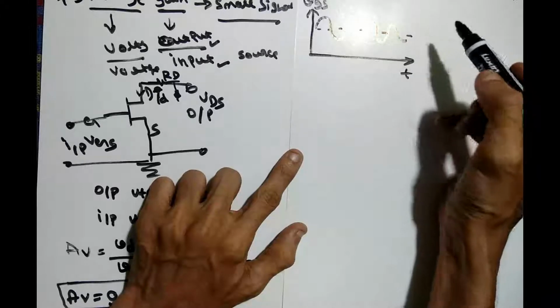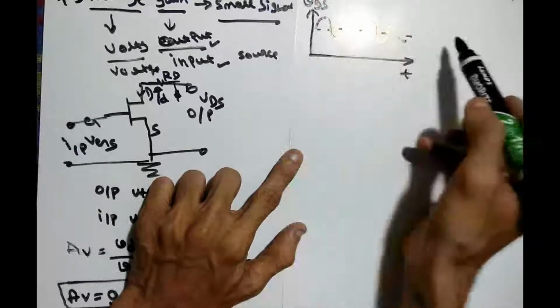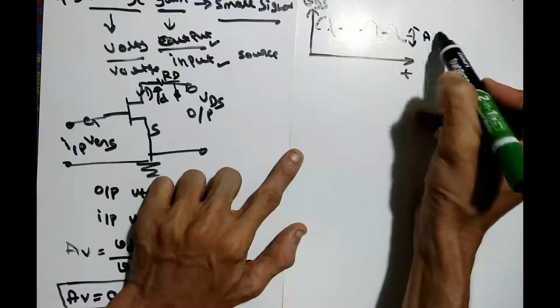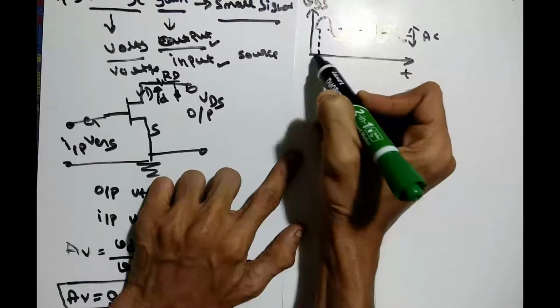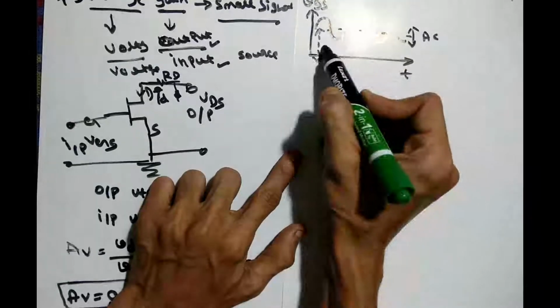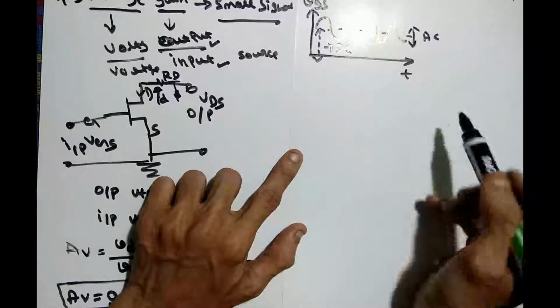Remember why I made the upper part: it is the total signal that it represents. This portion is known as the AC signal, and this reference line going up from your zero signal is a shifted reference. So this portion we are calling the DC signal.